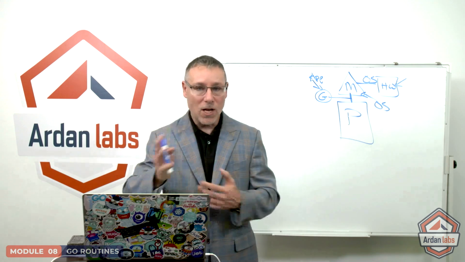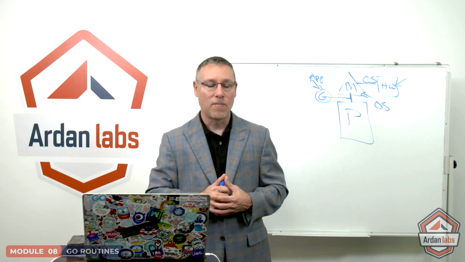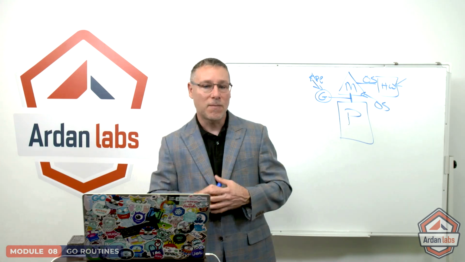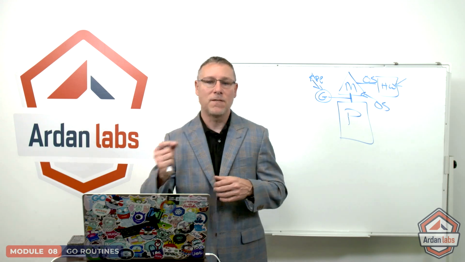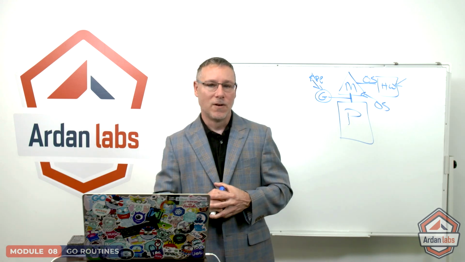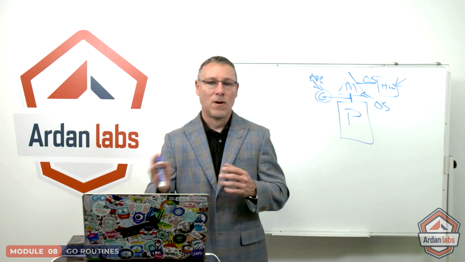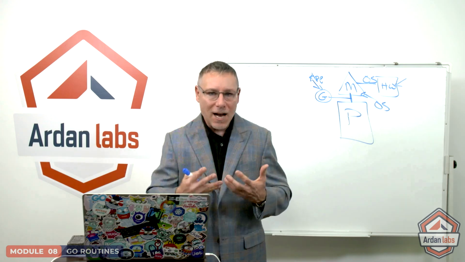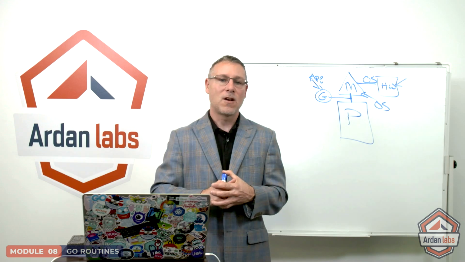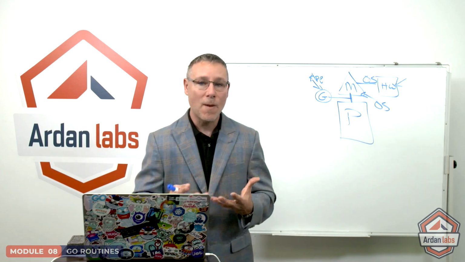Now, they're looking at 1.12 and maybe 1.13, but at least they're looking at 1.12 to add some preemptive techniques to the scheduler to make it a little bit more random, similar to the way the OS works. But for now, today, as we're talking, the Go scheduler is a cooperative scheduler.